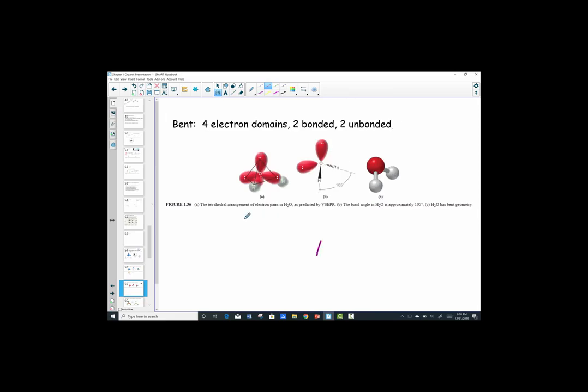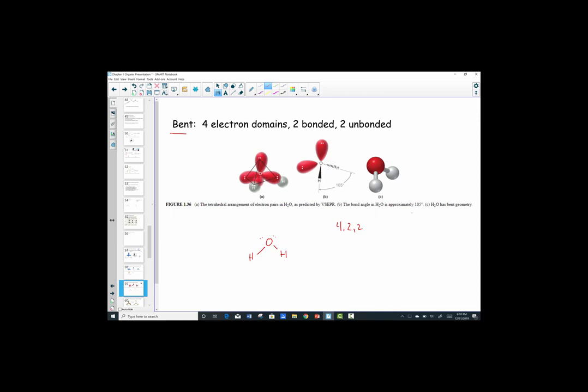If we have 4 electron domains, 2 of which are bonded and 2 are unbonded, as in this example of a water molecule, 4, 2, 2 is how we would read that on the VSEPR chart. You have what's called a molecular geometry of bent. Water is a bent molecule, 4, 2, 2, a polar molecule.